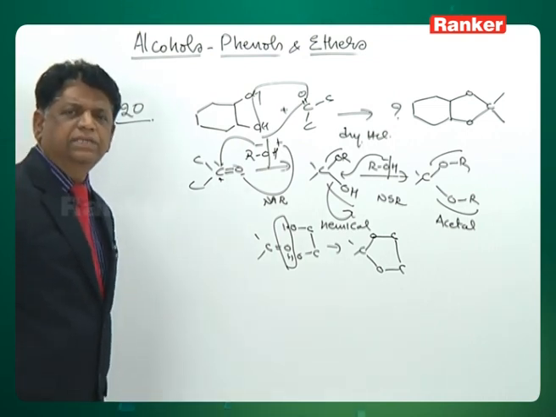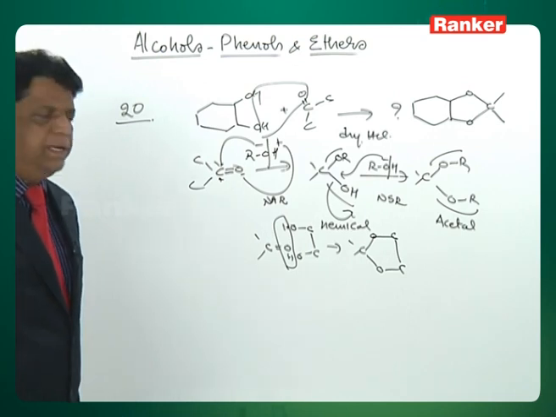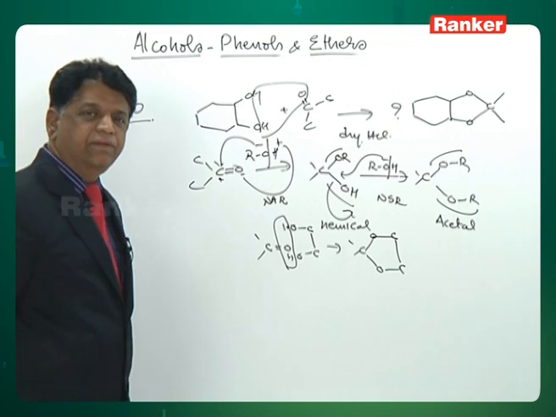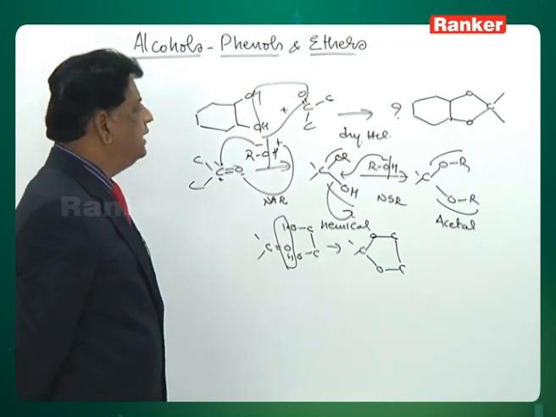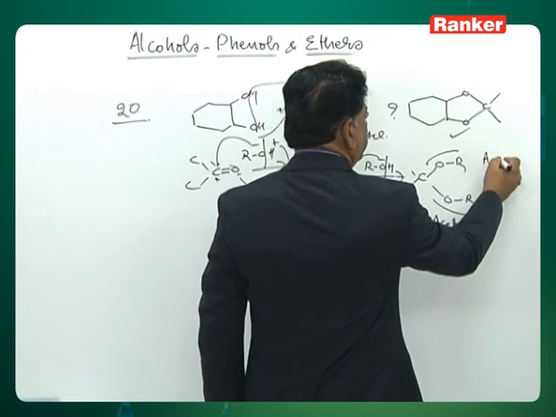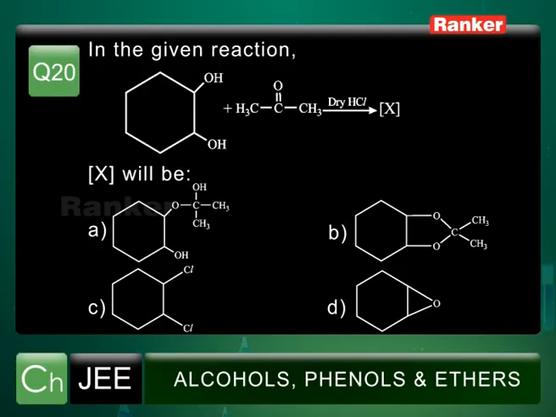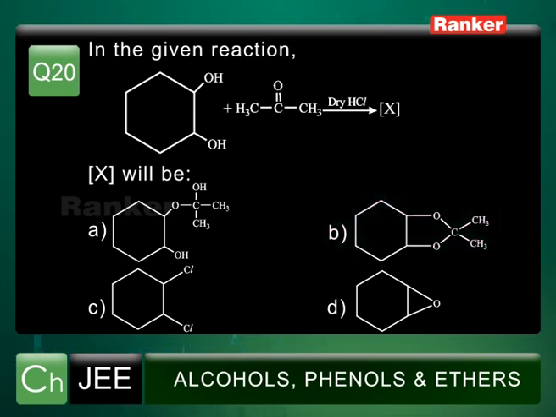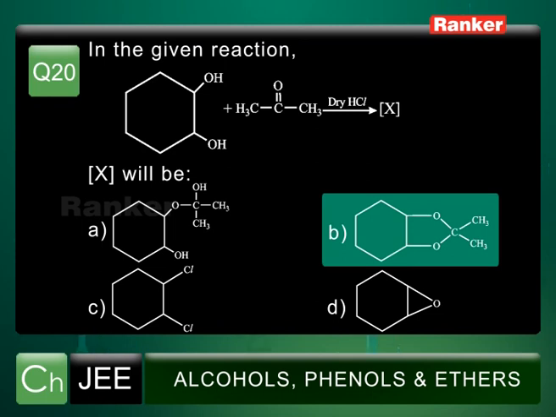Ethers are very much stable towards dilute bases and strong bases, except the dilute acids. Even mild oxidizing agents are not going to oxidize them. Therefore, this is quite a stable product. So the answer is the ring fused one, that is B. B is the right answer.